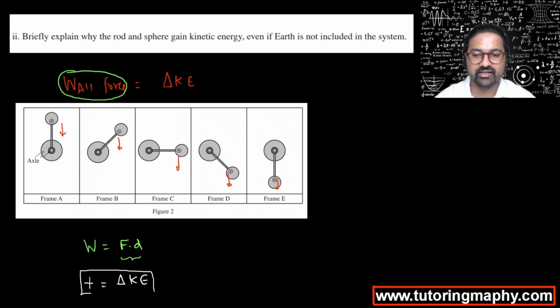And if the change in kinetic energy is positive, it definitely means that the final energy is more than the initial energy. Then only the change can be positive, and hence this justifies the fact that even though you won't consider the Earth as part of the system, the rod and the sphere will gain kinetic energy as it moves down, because the change in kinetic energy is positive as the work done by gravity is positive. Right, this was the last part of the last question.